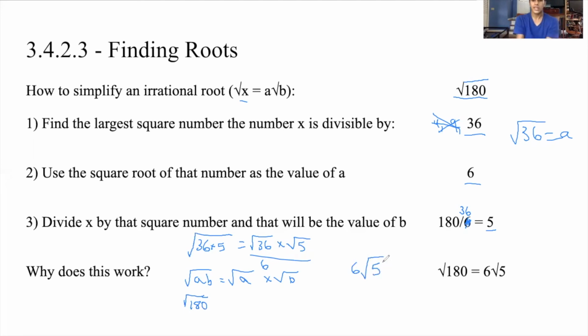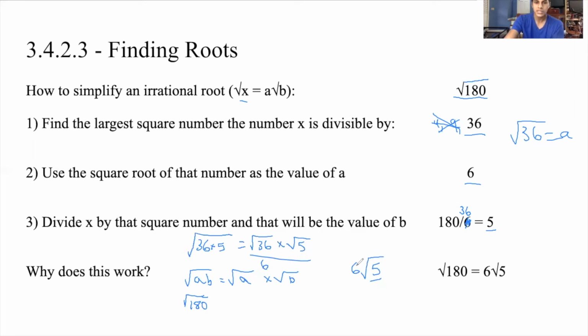And this is the whole idea of simplification. We want the largest possible whole number on the outside, right? We want to remove as much irrationality as we can. And we want the smallest possible number that's not a perfect square on the inside of the square root.